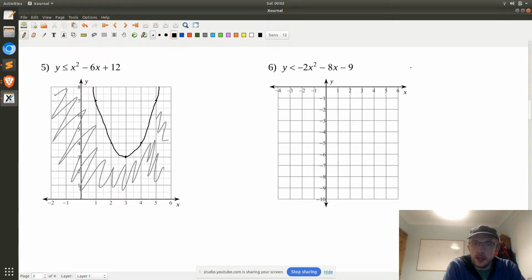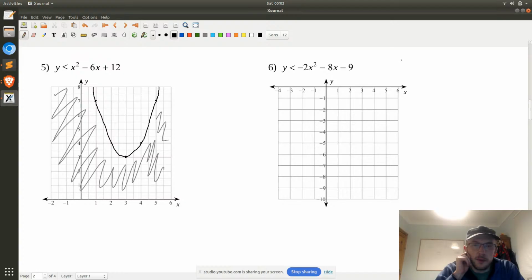Next up, we have this one here. So I'm going to times both sides by negative. No, I'm not. Well, I'm going to do the whole discriminant thing. Okay, b squared minus 4ac.